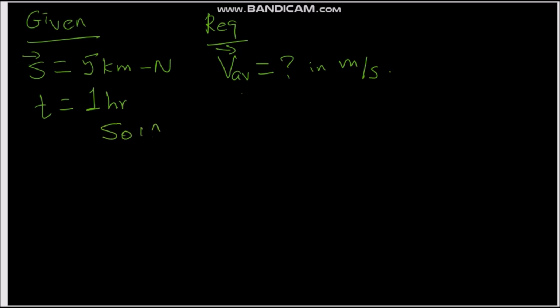You have to write the solution. When you get an exercise, any physics question, take out the given quantities, then take out the required thing and write the solution. The average velocity is the displacement over the time, which is equal to 5 kilometers over 1 hour.